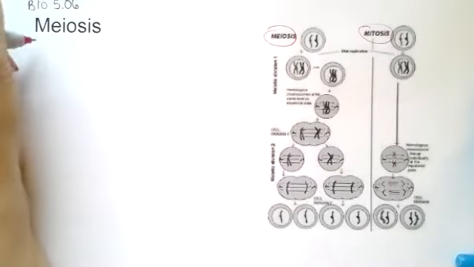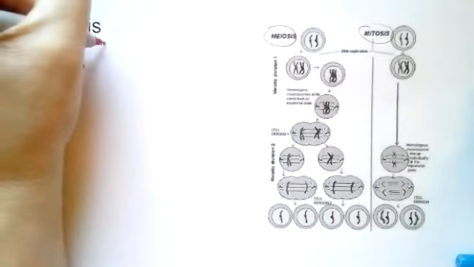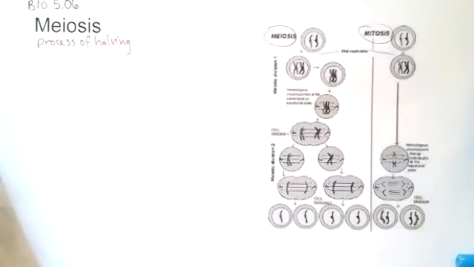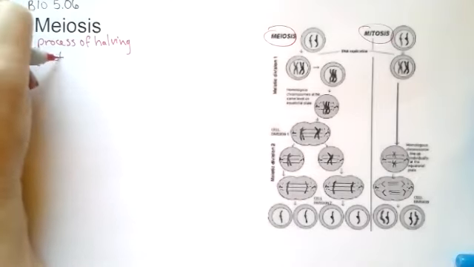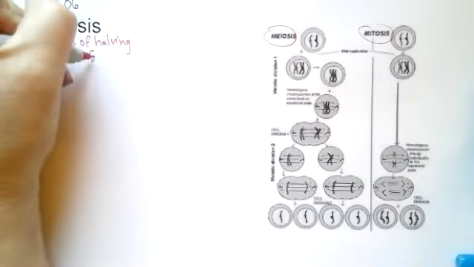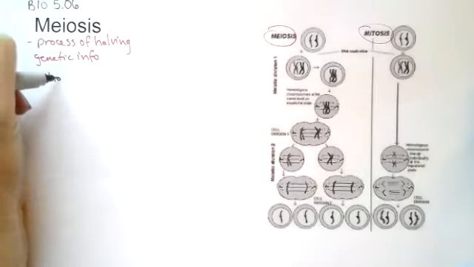But remember, meiosis is the process of cutting the genetic information in half. So what we have here is an organism that has one homologous pair.